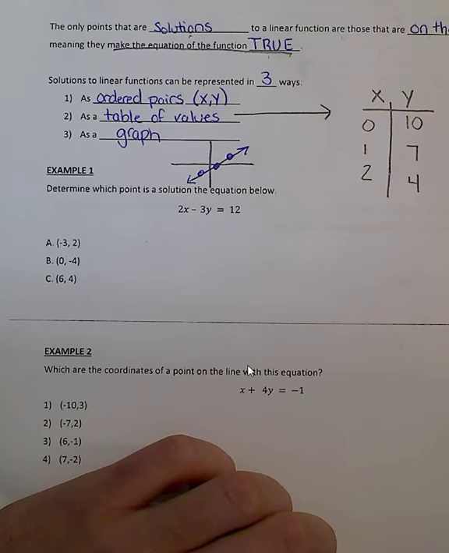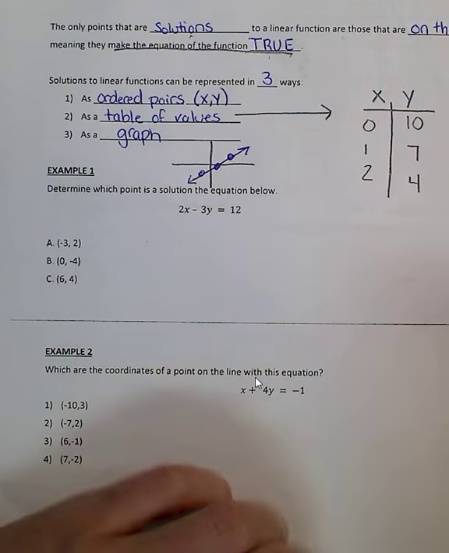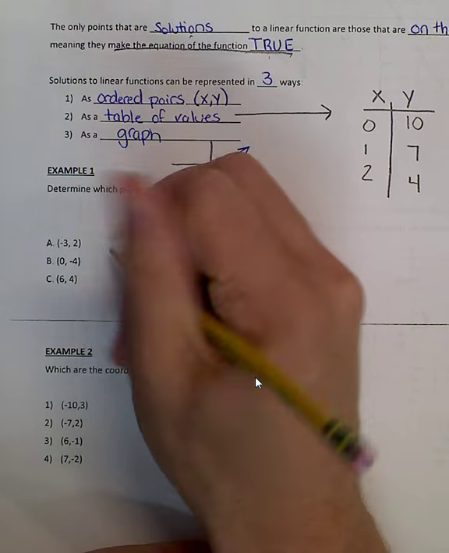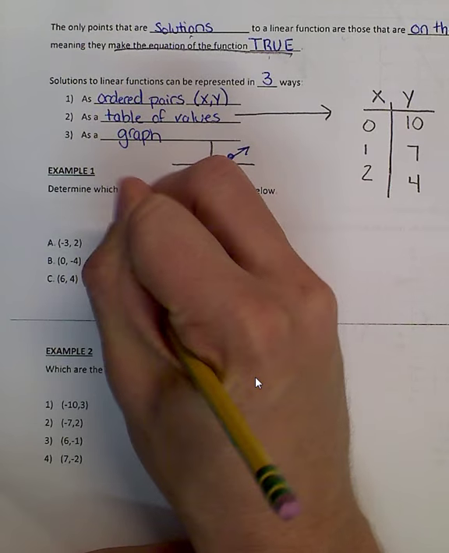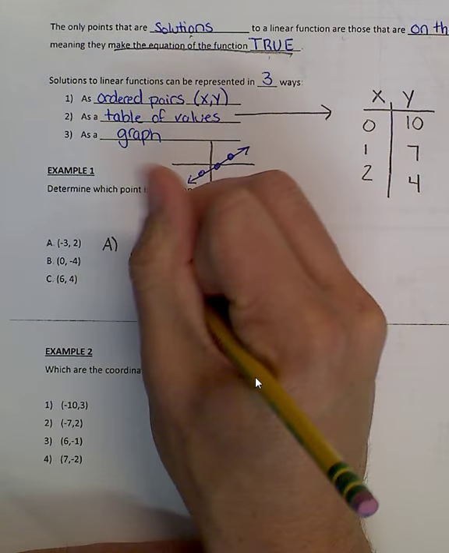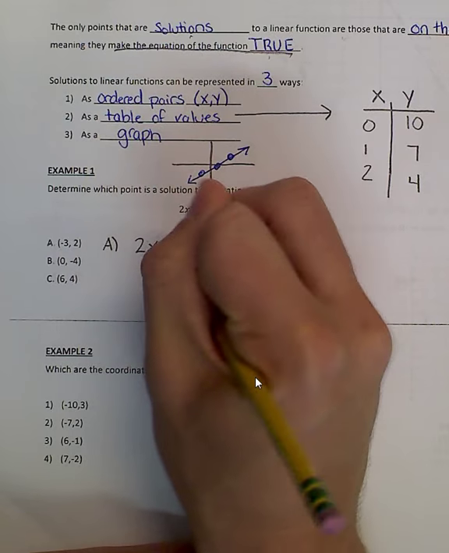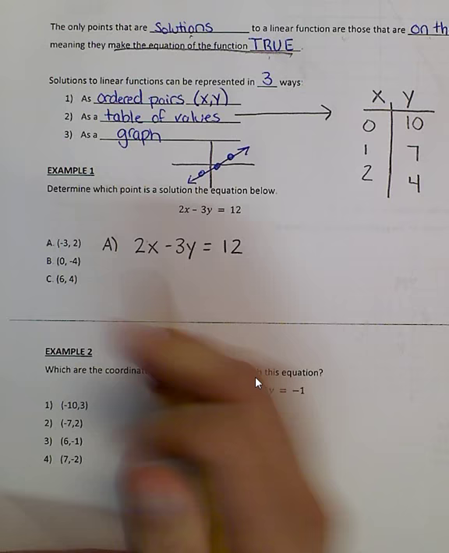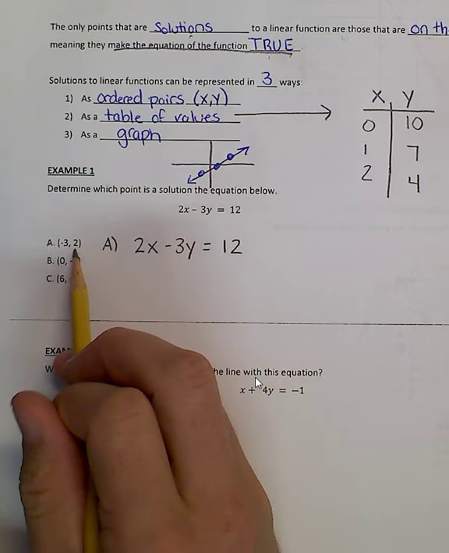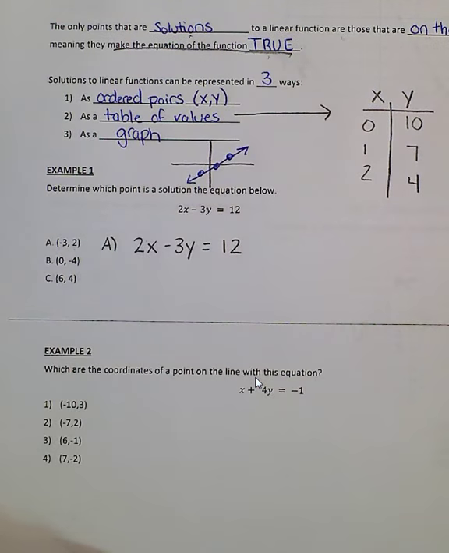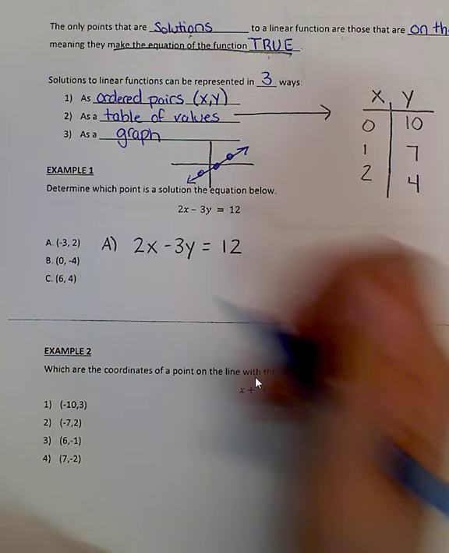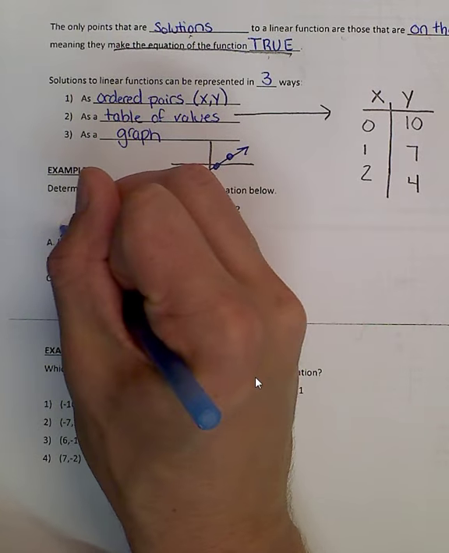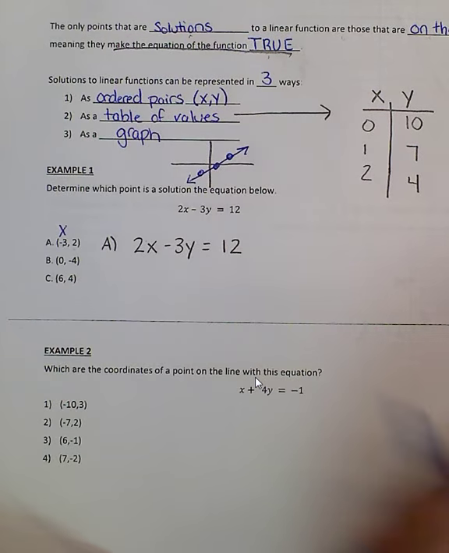So for example 1, I'm going to try to see if A works. Here is my function rule, 2x minus 3y equals 12. And we're going to see, does negative 3, 2 work? And the first thing I want to remember is a coordinate is made up of an x value and a y value.